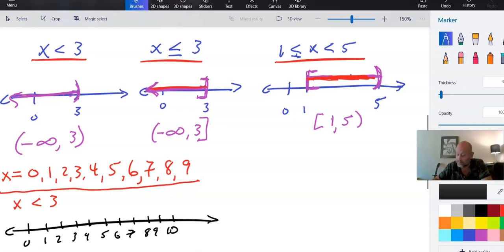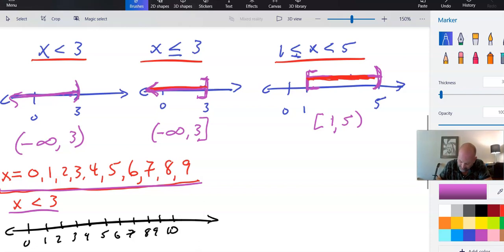This is a terribly drawn number line, so forgive me for this. Your number lines in your homework and stuff look a lot nicer. In any case, basically we want to know from this list which things satisfy this inequality. So which things are less than 3?